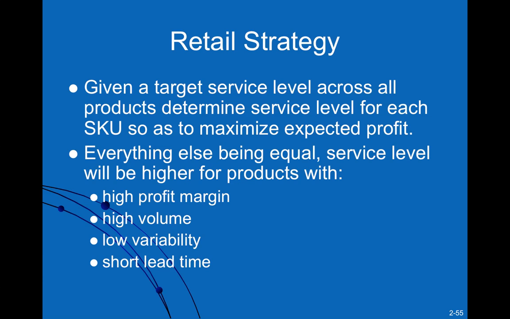Low variability: if the product variability is low, then you really don't need to have high service levels in this case. So with low variability, it's fairly easy to establish the service level, all right? And then of course, if you have shorter lead times, if the lead time is short, you're able to replenish much more quickly. The service levels can be a whole lot higher, all right?